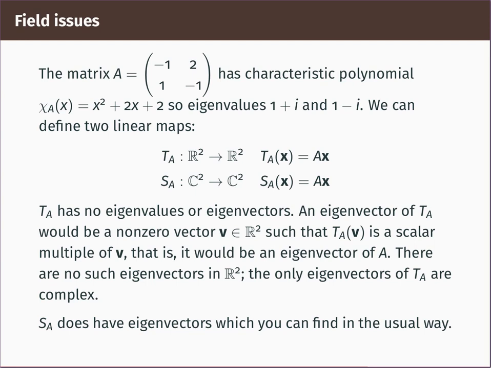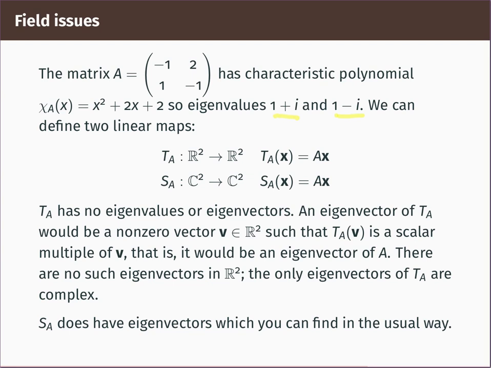The characteristic polynomial of this matrix, chi A of x, is x squared plus 2x plus 2. So the eigenvalues of the matrix are the roots of that characteristic polynomial, and if you plug the numbers into the quadratic formula, you'll find that the eigenvalues of that matrix are 1 plus i and 1 minus i.